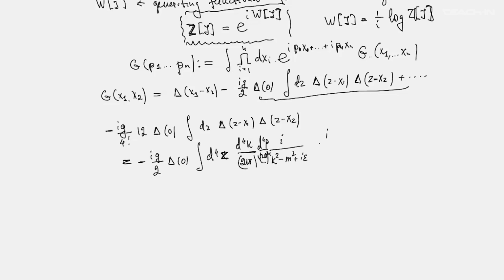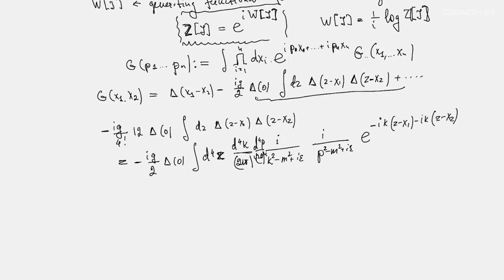And then there is an exponential of ik(z minus x1) and ip(z minus x2). So these are the Feynman propagators substituted with their representation as fourfold integrals.